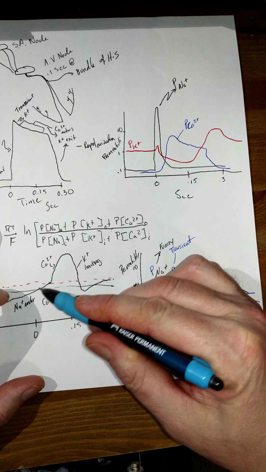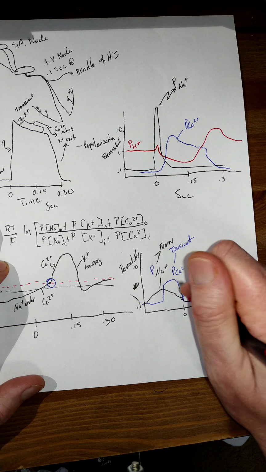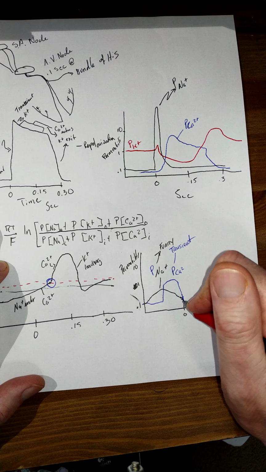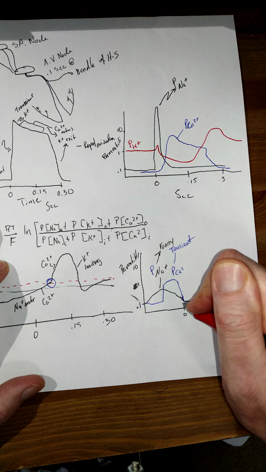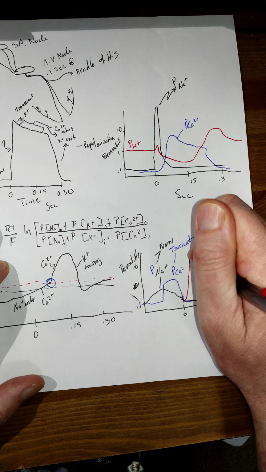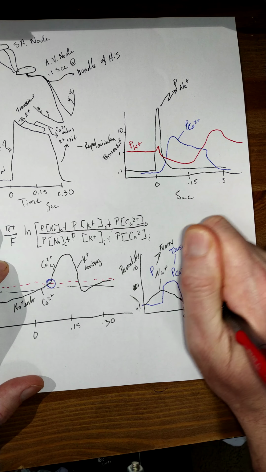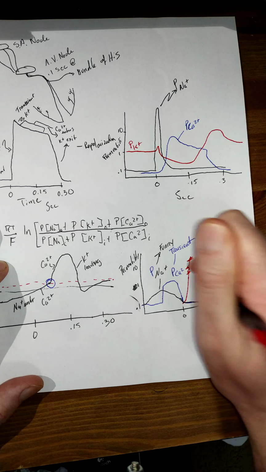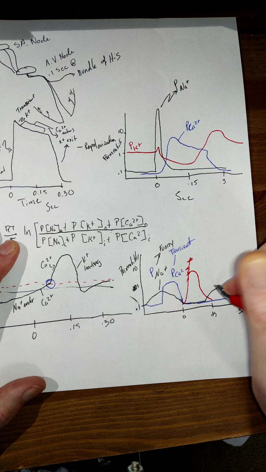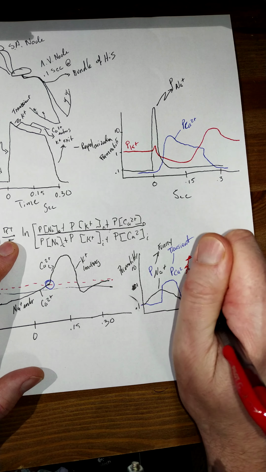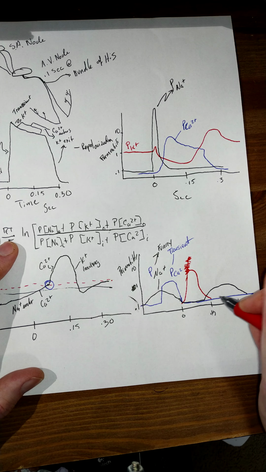So the next ion to enter is more calcium. And this is the signal here. This calcium-induced calcium release is the signal for the cell. I went a little too high. Scratch that there. Just a little bit more. And by 0.15 seconds, it's returned back to normal permeability.